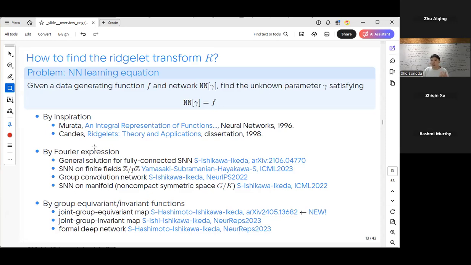We want to analyze deep neural networks, and only by using group representation theory, very recently, we succeeded in obtaining the Ridgelet transform for deep neural networks. So in the second half, I will introduce the method using group representation theory.